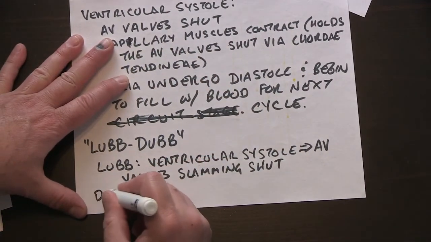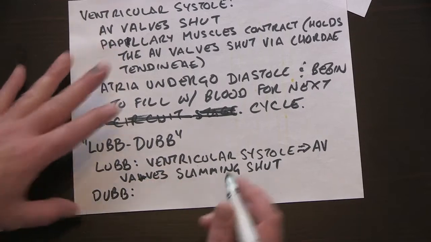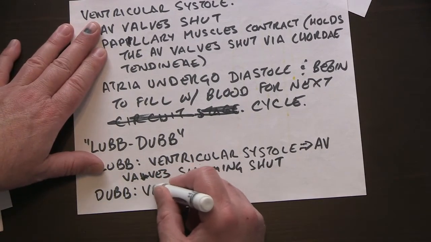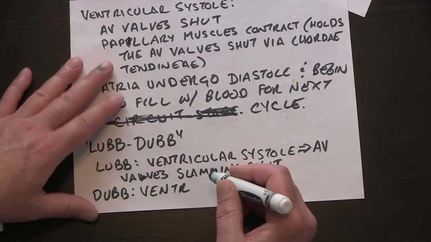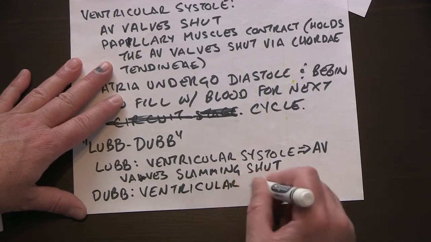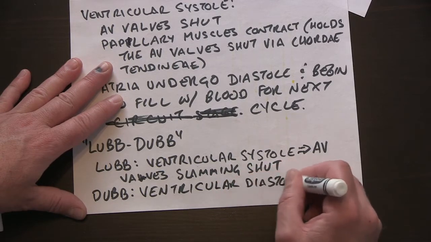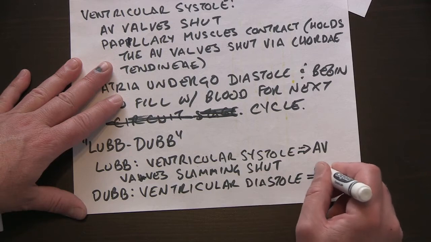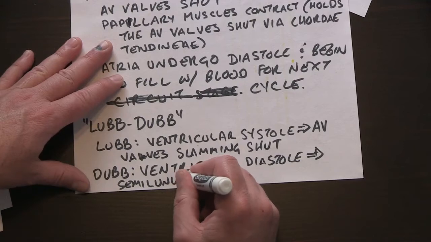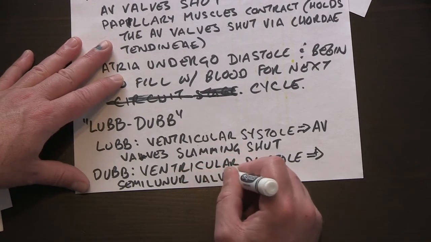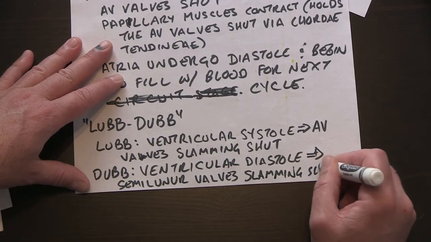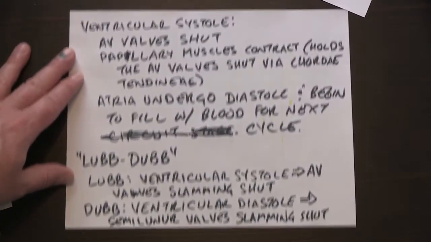And then the dub is the sound that happens when the ventricles go into diastole and the semilunar valves slam shut.